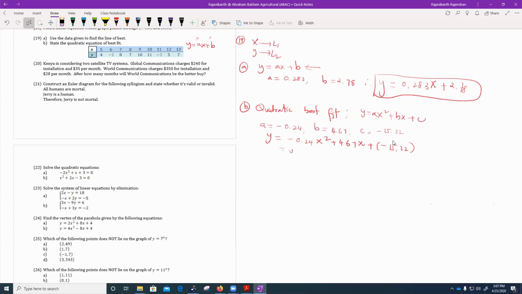So y equals negative 0.24x squared plus 4.67x minus 15.32. So this is the quadratic best fit.